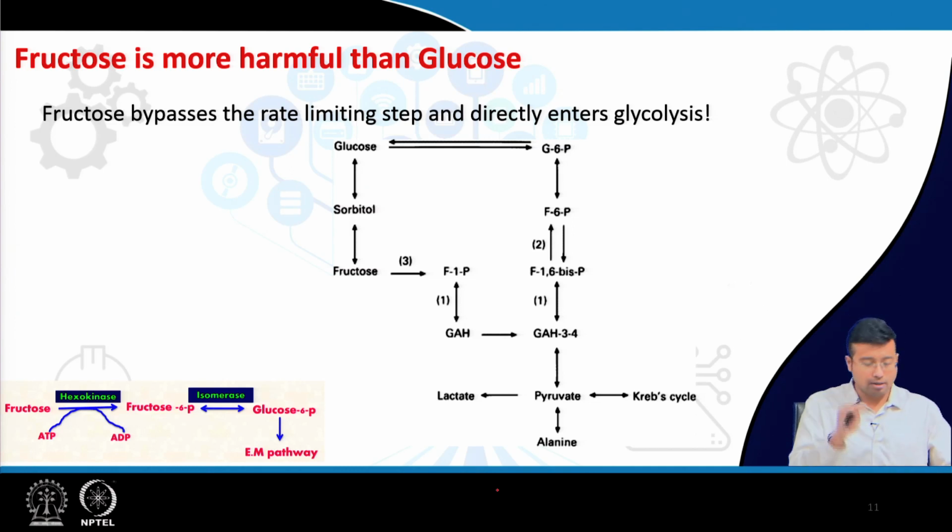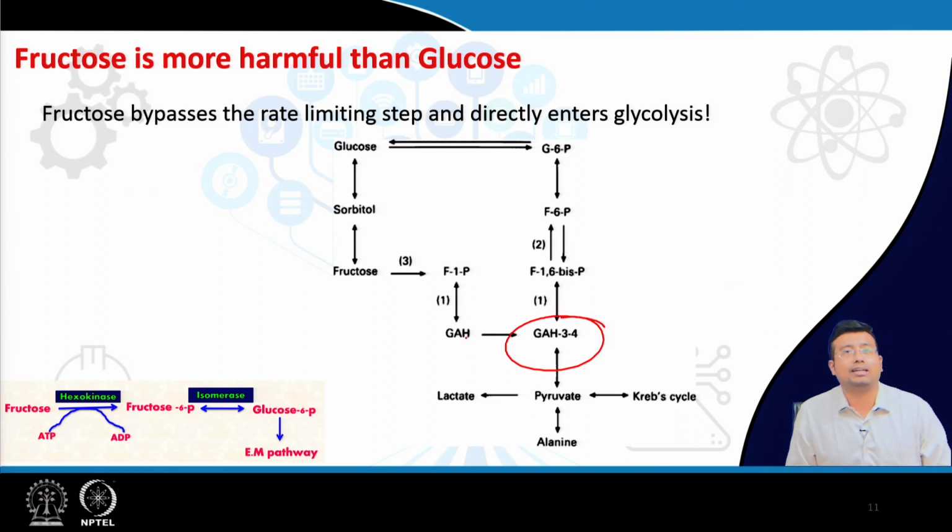Those 2 are irreversible reactions. Fructose actually bypasses those two important steps and directly enters glycolysis in the form of glyceraldehyde 3-phosphate and dihydroxyacetone phosphate. So, the first step of hexokinase and the second step of phosphofructokinase are bypassed.